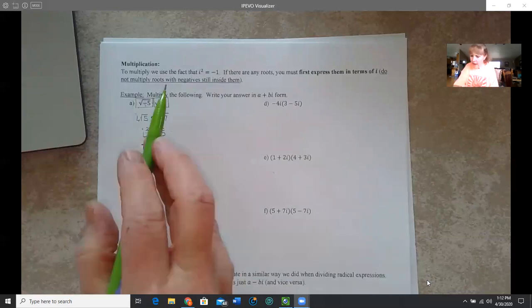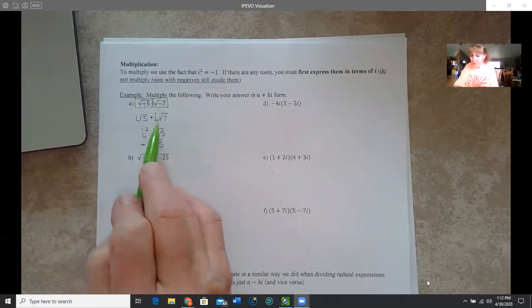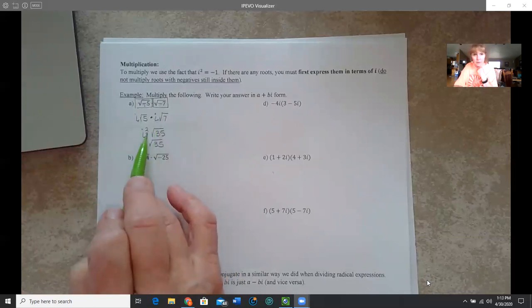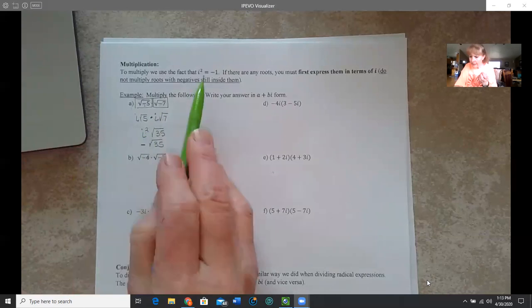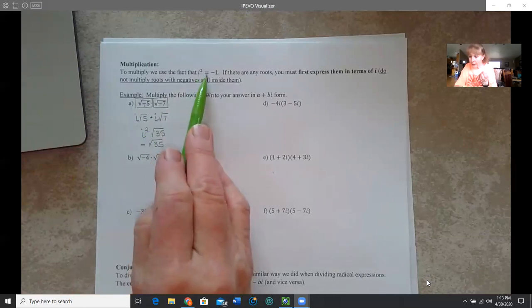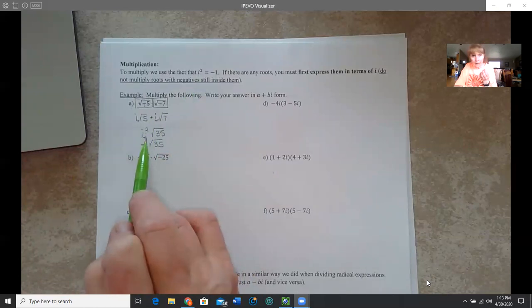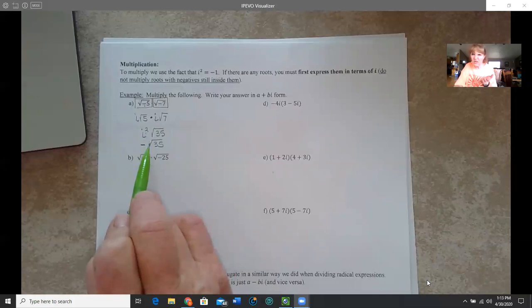So we pulled these out, then we multiplied them, and they follow the same rules as our common bases. You add exponents. But then we have to remember this imaginary number. By definition, i squared is equal to a -1. So rather than writing i squared, I'm going to write a -1. You don't have to put the 1 in, but if you do, it's not wrong. But we normally don't.